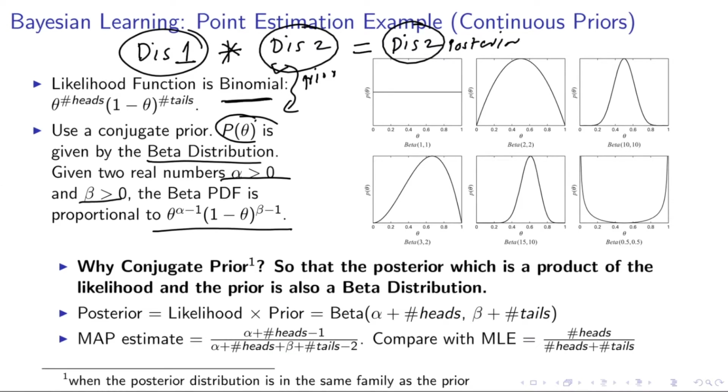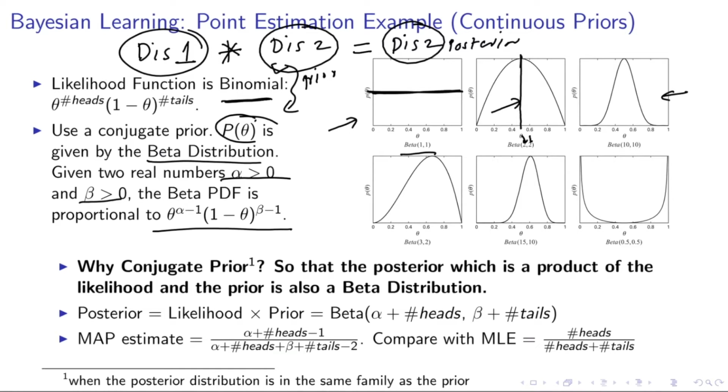Okay, and this is how the beta function looks for different values of alpha and beta. So when alpha and beta are equal to 1, the beta function is nothing but the uniform distribution. Okay, when alpha is 2 and beta is 2, the peak of the beta distribution is at 0.5.